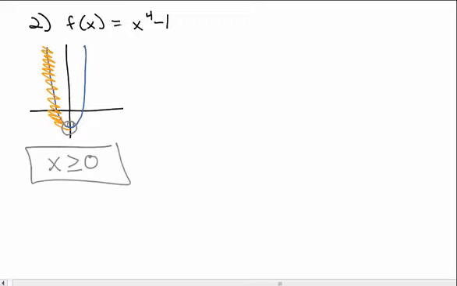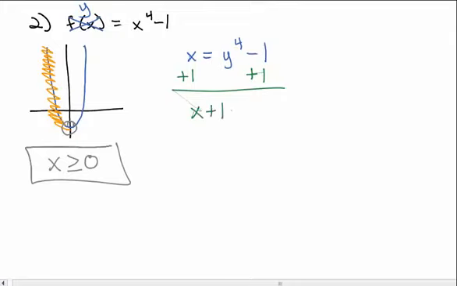Now we're ready to find our inverse. Remember, f of x is really y. So if we switch x and y, we get x equals y to the 4th minus 1. Add 1 to both sides, and x plus 1 equals y to the 4th. Get rid of the 4th power with a 4th root.